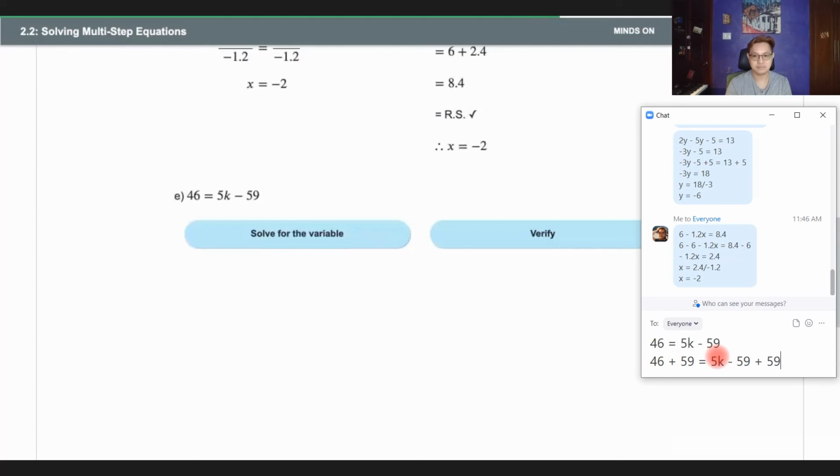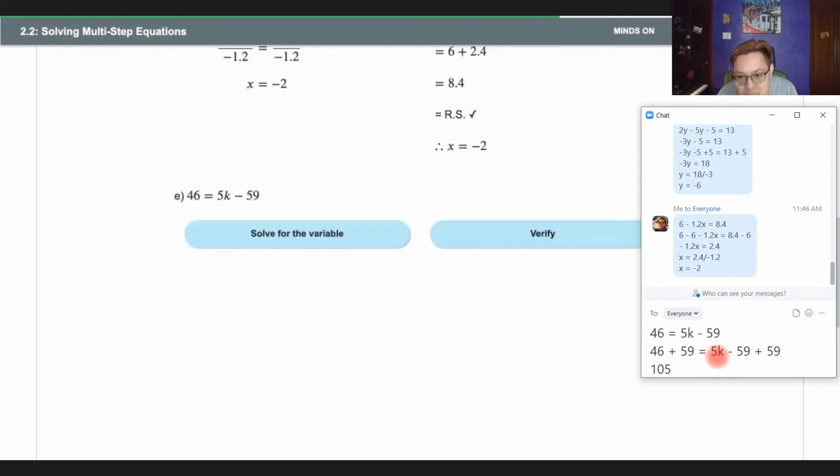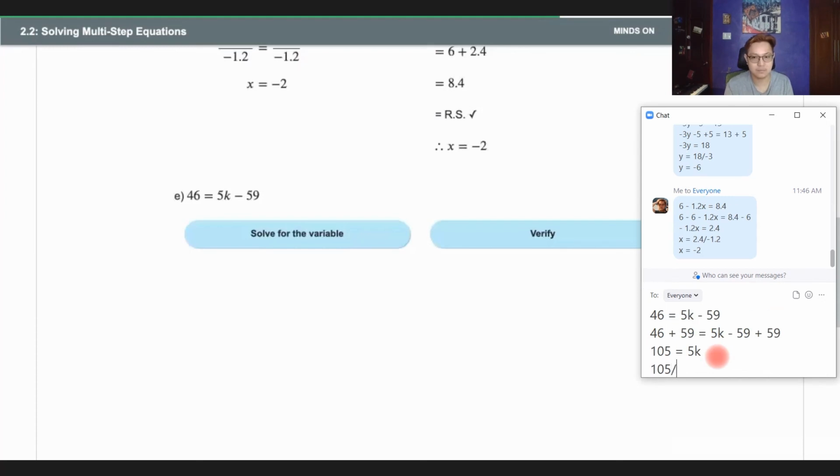So then you bring the 59 over to 46. So I think it's negative 59 plus 46.